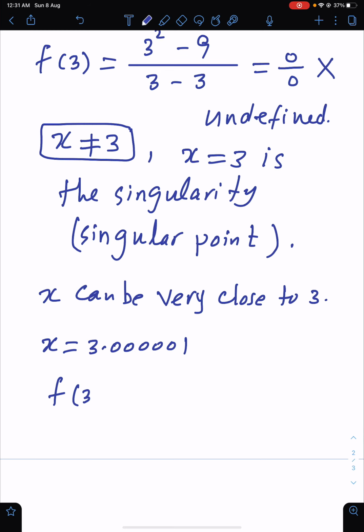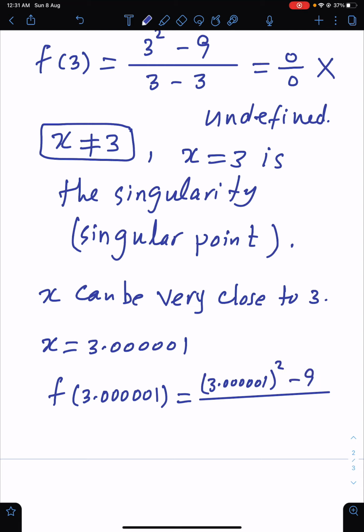So we're going to say f of 3.0000001 is going to equal (3.0000001) squared minus 9 over 3.0000001 minus 3, and if we use a calculator, we're going to get almost 6.